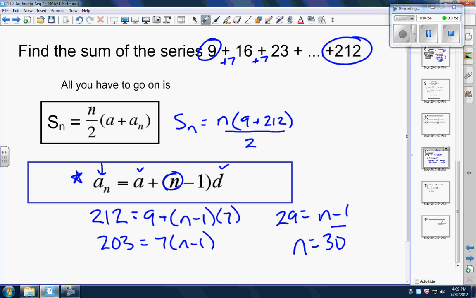So we just found 212 would be the 30th term if you extended this out. Once we have the n, that was the missing piece in our formula.